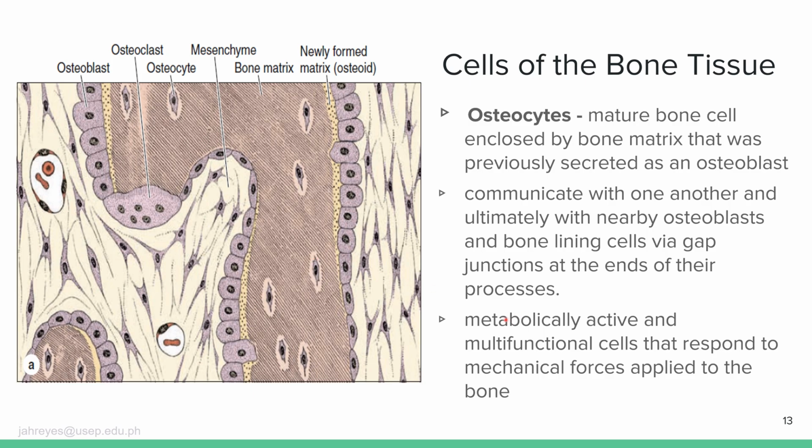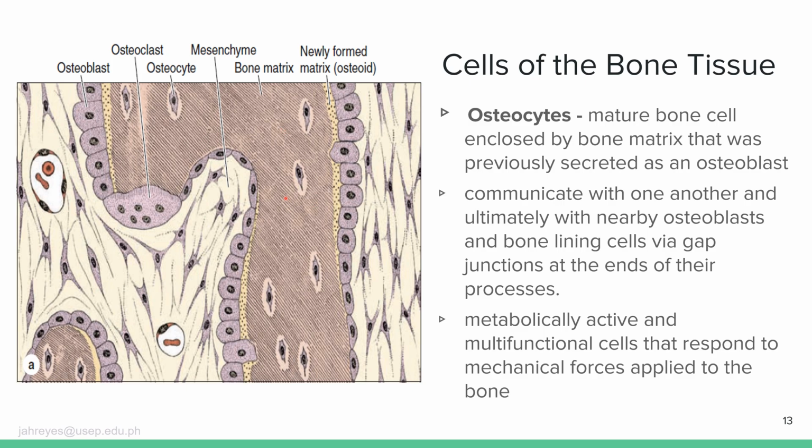If there is a bone that is subjected to decreased mechanical stimuli, for example, there is muscle weakness, or immobilization, or weightlessness if you are an astronaut, that results in a lesser stimulus to the osteocyte. So it will also perform less in its function of maintaining the bone matrix.